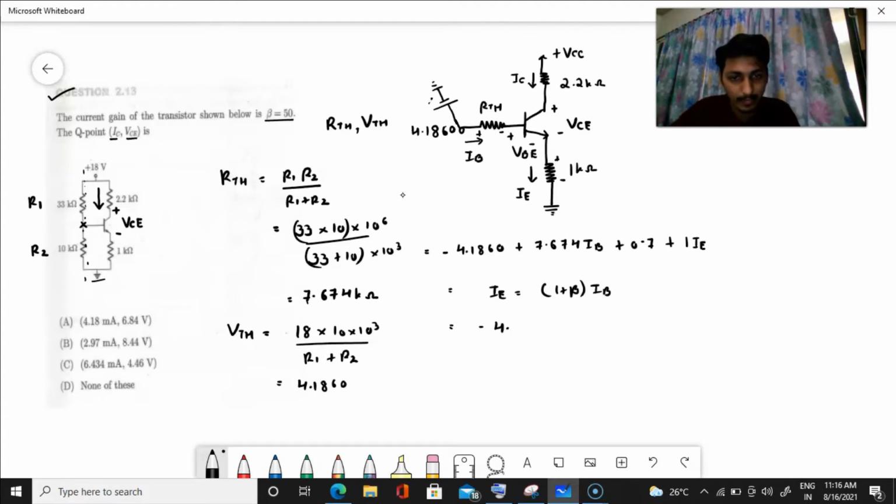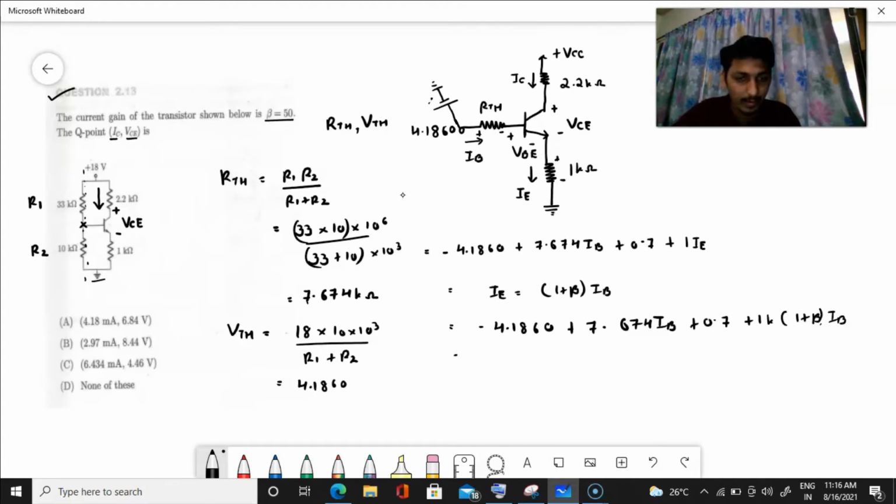So 4.1860 equals 7.674 IB plus 0.7 plus 1 kilo ohm times 1 plus beta IB.